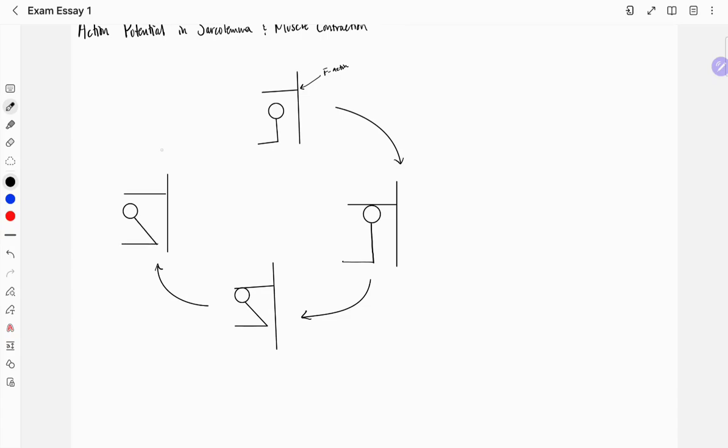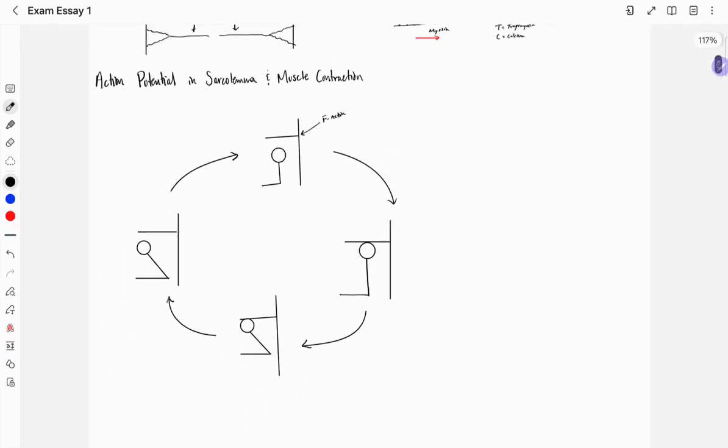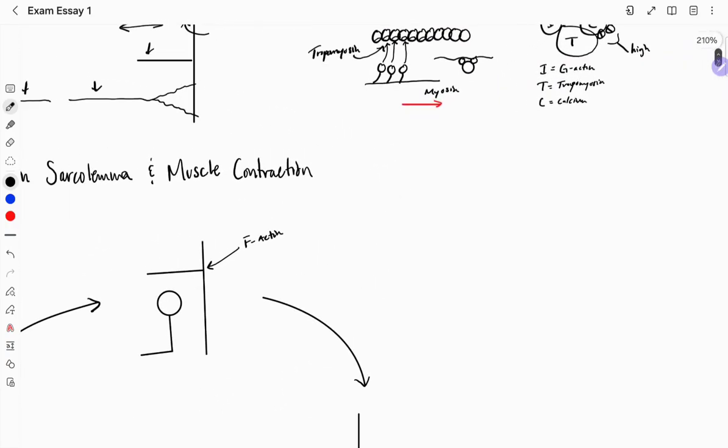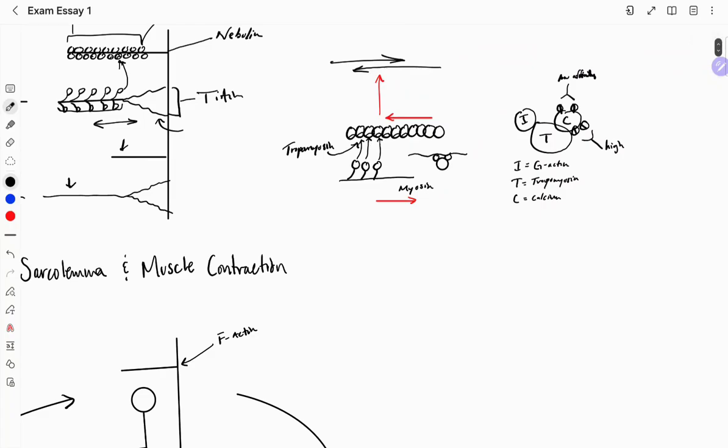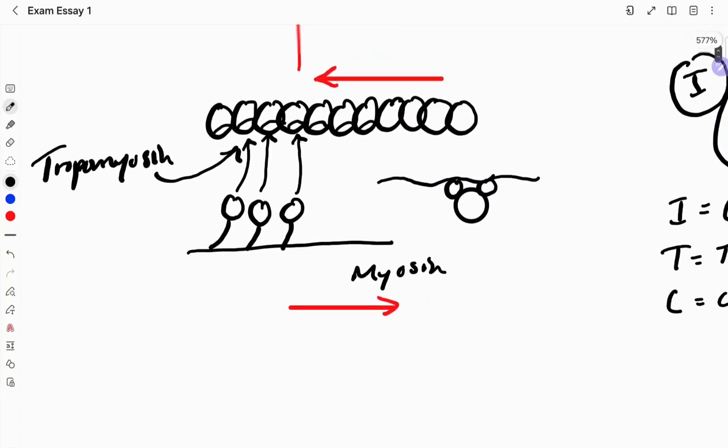All right. So as you can see, this is a cycle, it repeats over and over again. This is how, looking more at the molecular level, this F-actin and myosin interact, like we were discussing earlier.